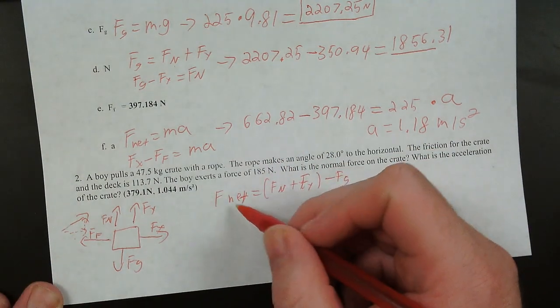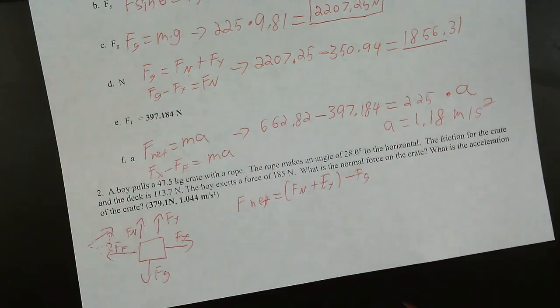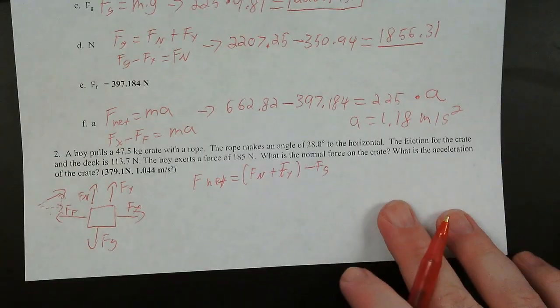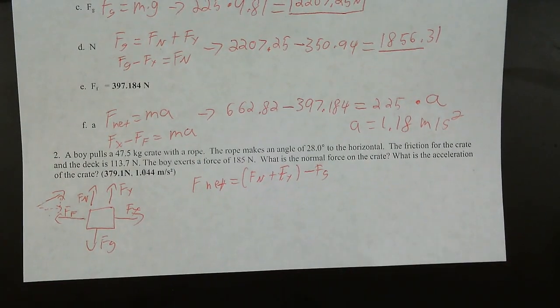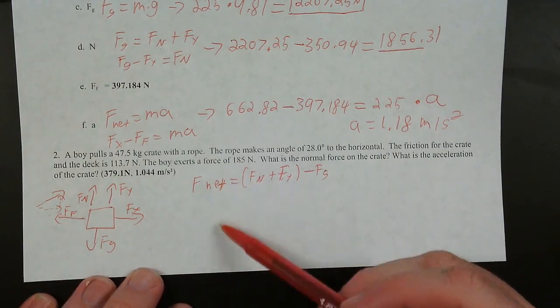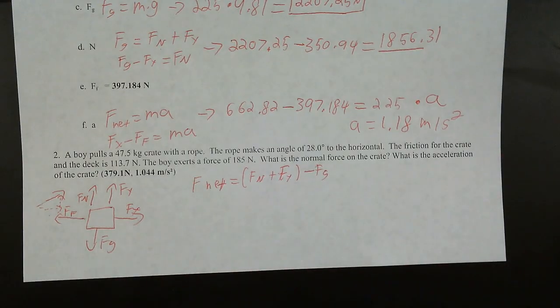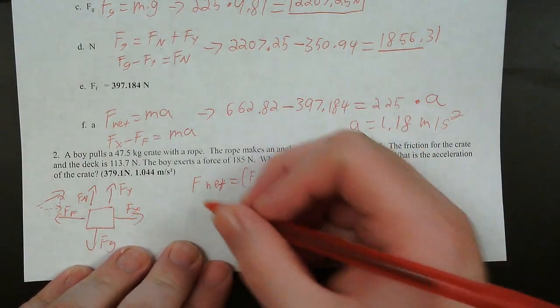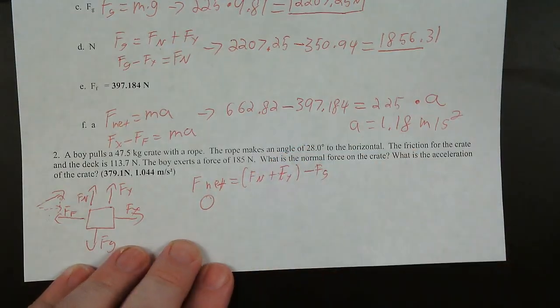I need to stress that you need to pay attention to where this Fnet is. Since it is in the vertical, it's going to stay in the vertical. Because it's not accelerating up and down, there's no acceleration, and no acceleration means no net force. So my net force in the vertical is 0.